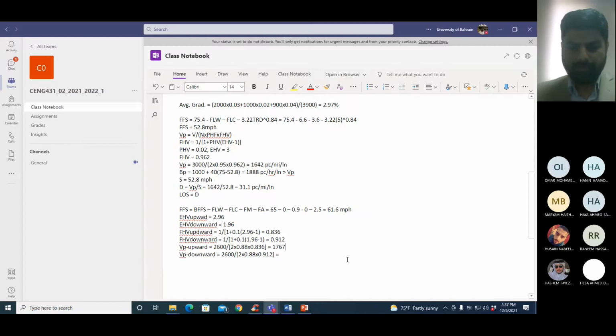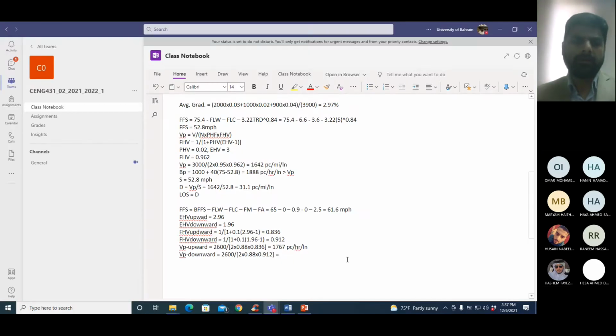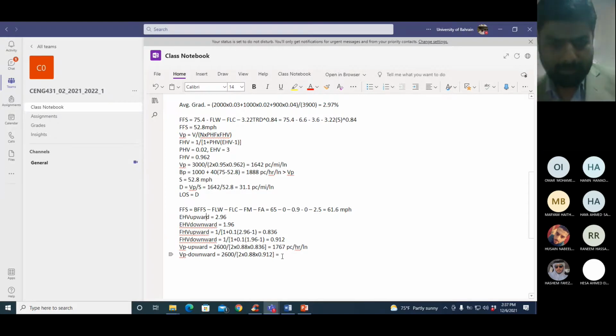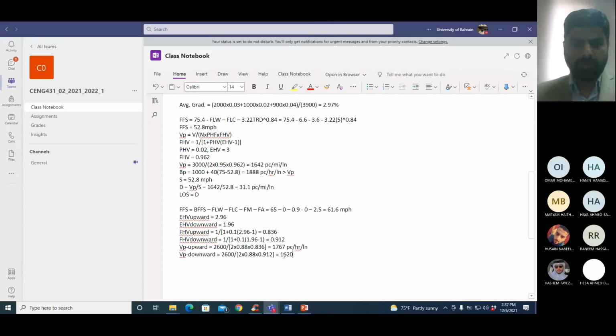That gives 1767 passenger cars per hour per lane. The second one is 1620. Then I need to check it with BP.